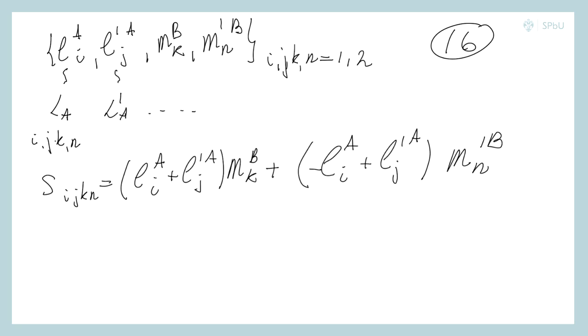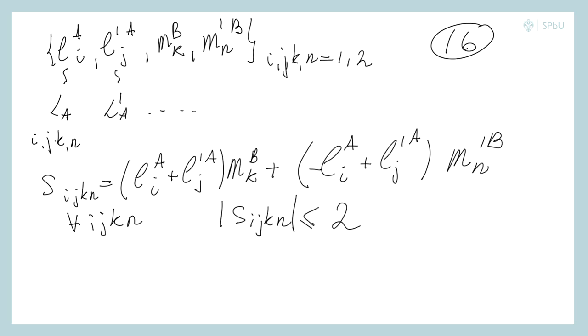It can be shown that for any i, j, k, n, we have the magnitude of S_ijkn less than or equal to 2.